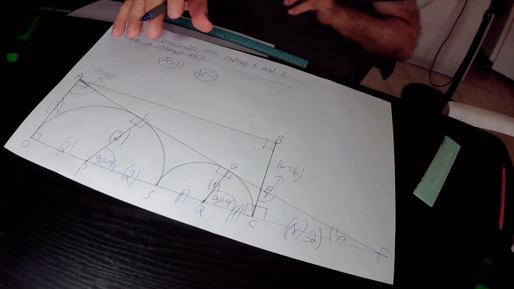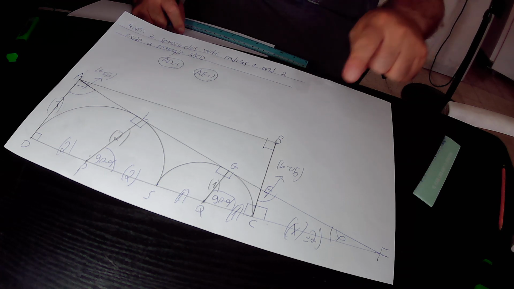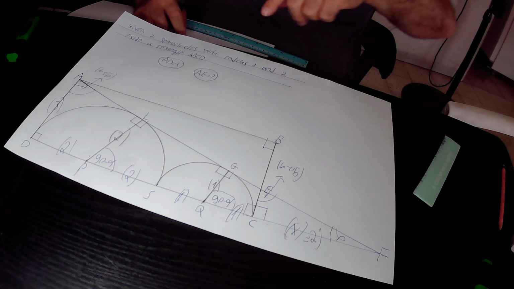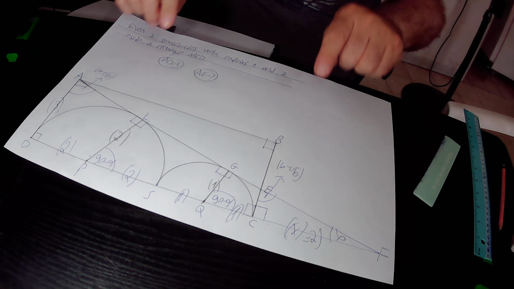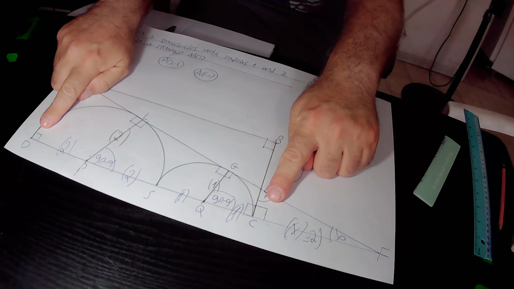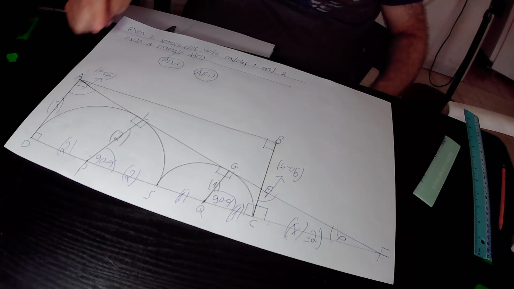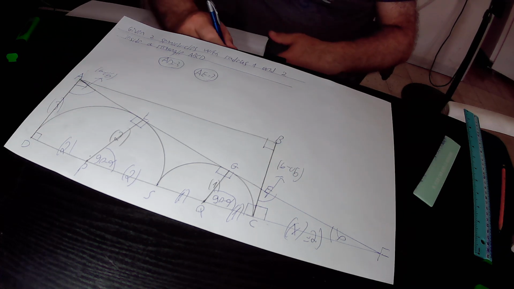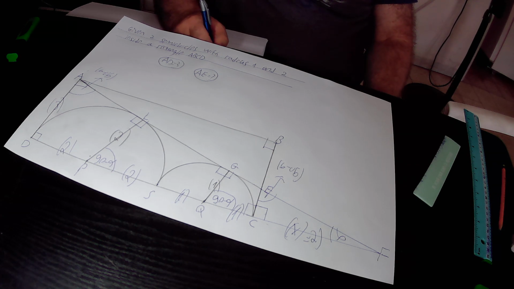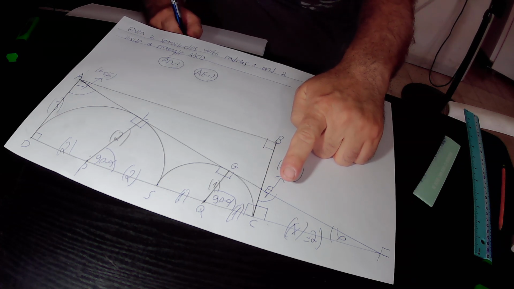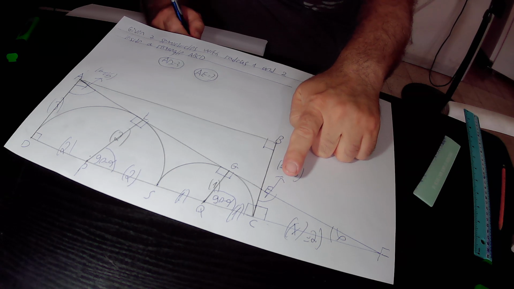So why is the biggest right triangle ADF similar to the smallest right triangle ECF? First of all, those two angles are both equal to 90 degrees, therefore they are equal to each other. So actually this is angle ADF in the biggest right triangle ADF, and it is equal to this angle, that is angle ECF, in the right triangle ECF.